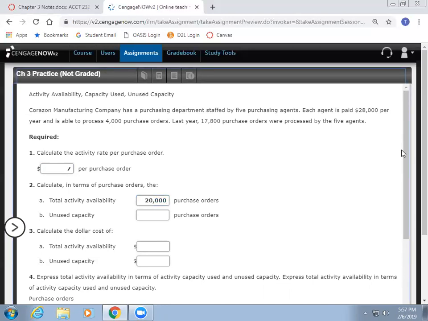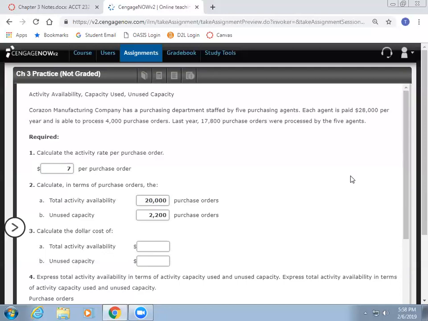Well, what's the unused capacity? How much are they not producing that they could? 2,200. Good. Because they only processed 17,800 last year. They're capable of doing 20,000, but they only had 17,800. So the unused capacity is 2,200.